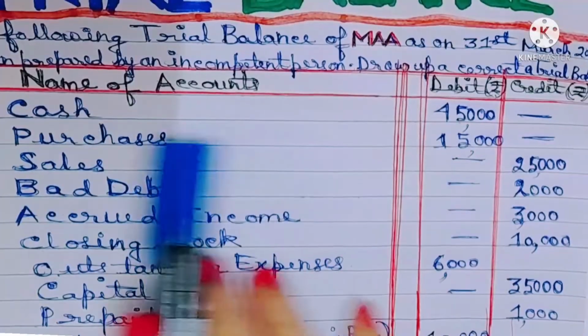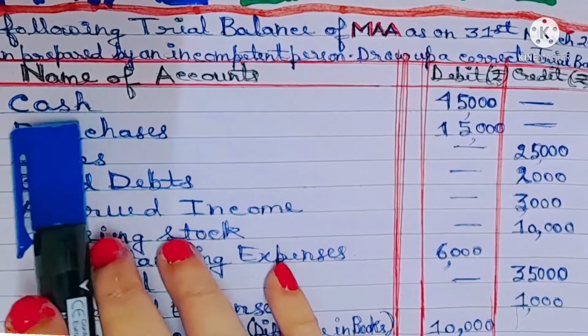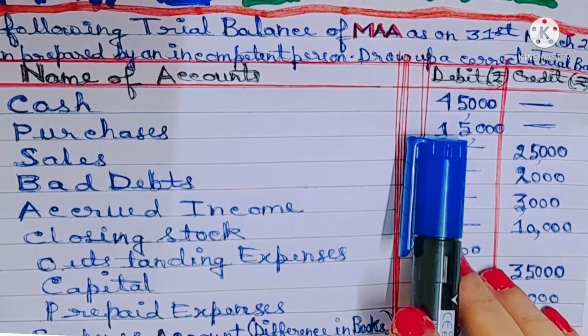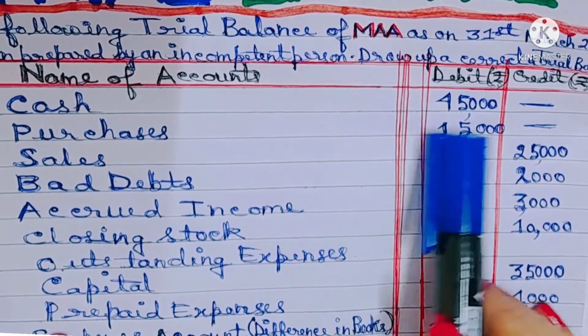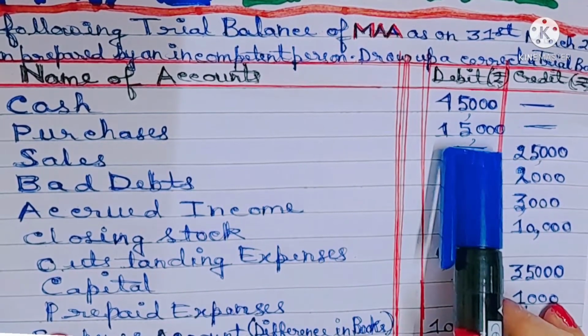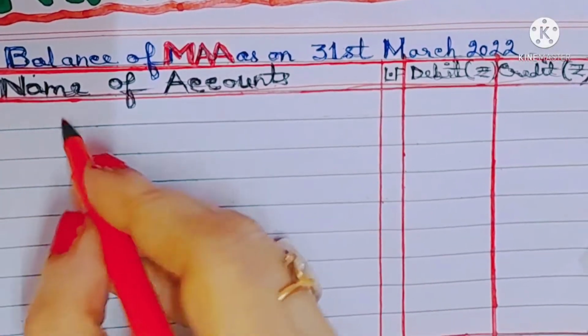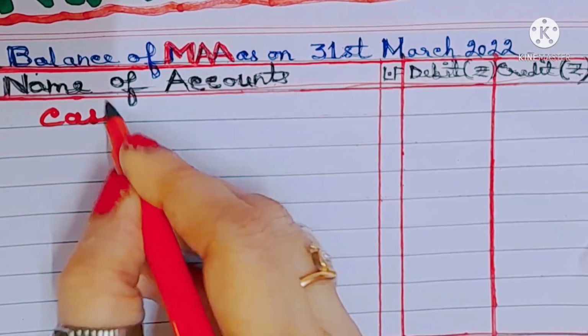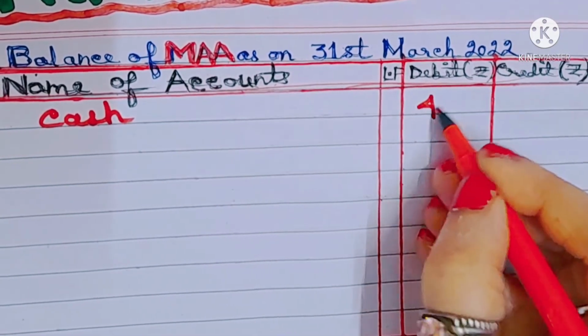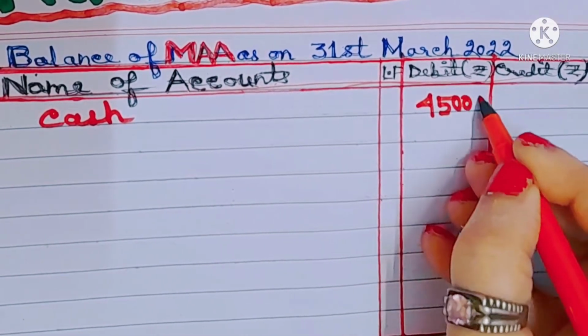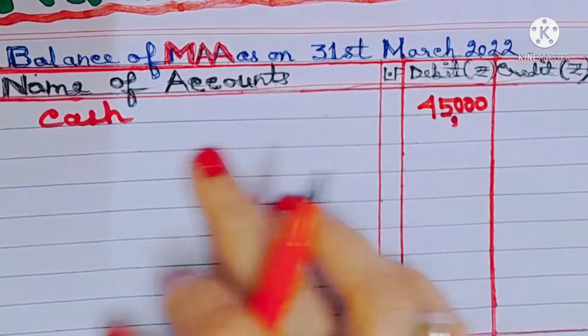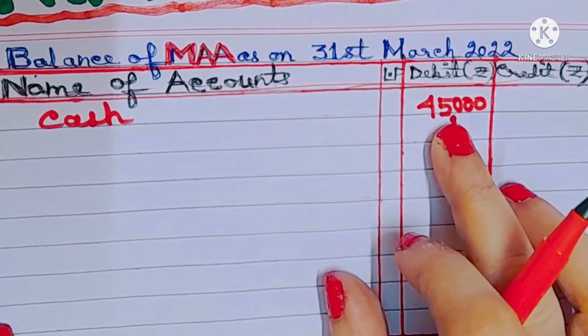Okay, now let's go through the first account. The first account is cash, which has been correctly written in the debit column, 45,000. Let's write cash, 45,000. Why are we writing 45,000 in the debit column?